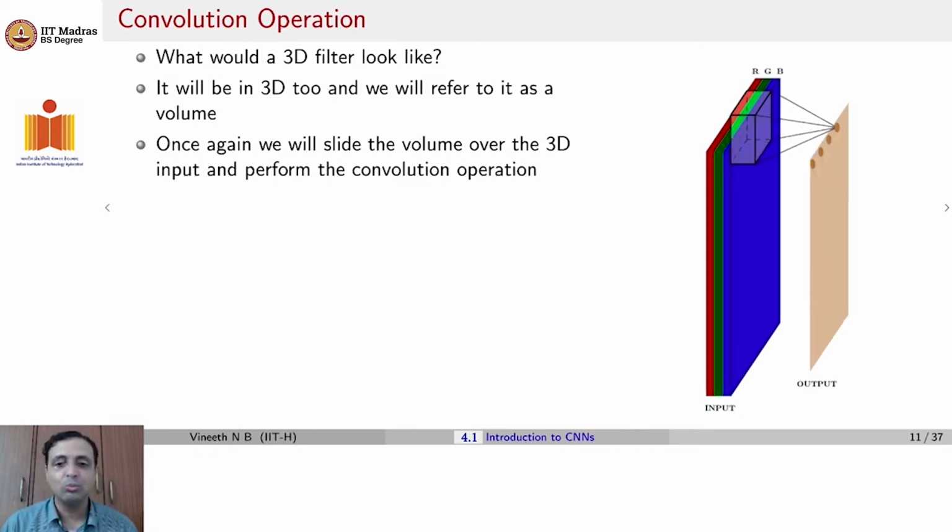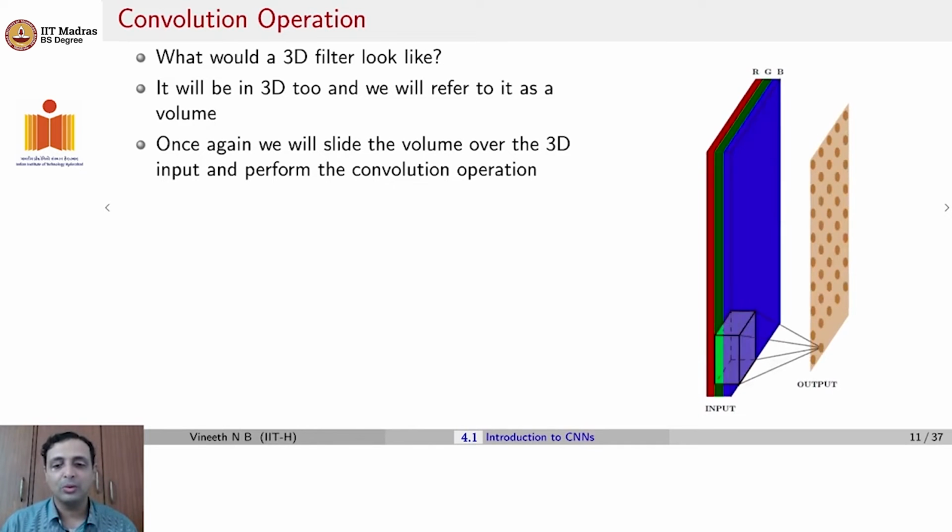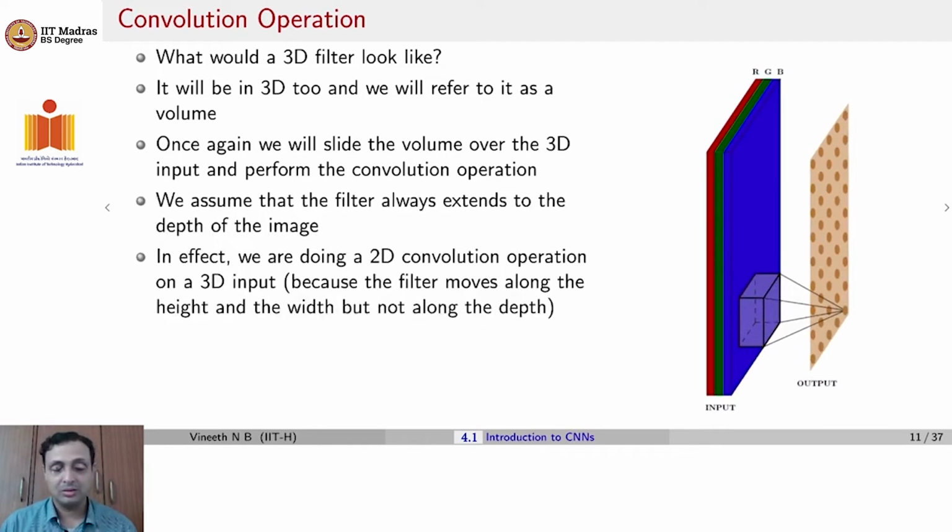As you move the volume on different locations in the input volume, you get the output as pixels in the output image. We also call this output image a feature map in convolutional neural networks.